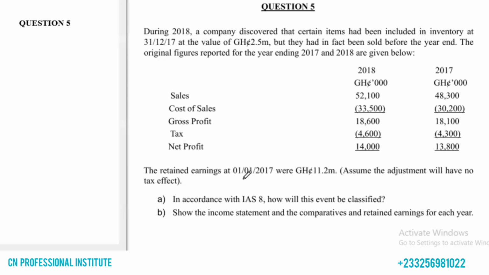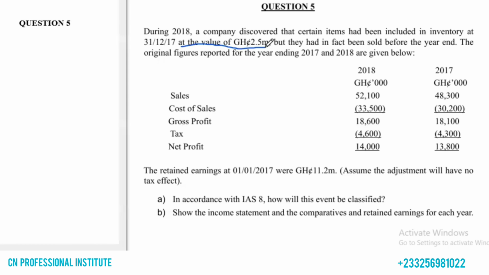So this question is on error. What is the error in the question? The error is with closing inventory in 2017. Closing inventory has been overestimated by 2.5 million. It says they have included inventory at a value of 2.5 million in the closing inventory of 2017, but in fact they have been sold before the year end.